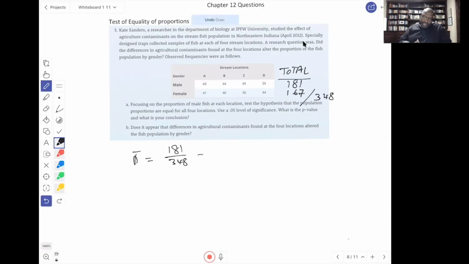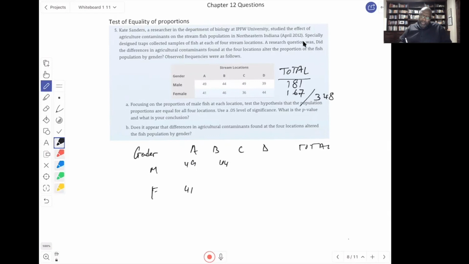I'm just going to clean this bottom part here because I'm going to need it. So gender, male, female, location A, B, C, D, total, and then 49, 41, 44, 46, 49, 36, 39, 44.